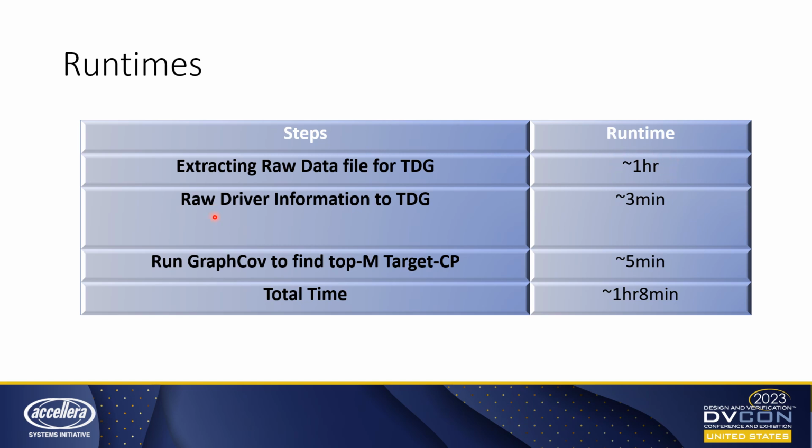And then we have a script which parses the raw driver information and the coverage data to generate the color TDG, which takes approximately 3 minutes. And then once the color TDG is available, running GraphCov to find the top target CPs took us about 5 minutes. So overall, this process took about 1 hour 8 minutes to identify the list of target CPs.